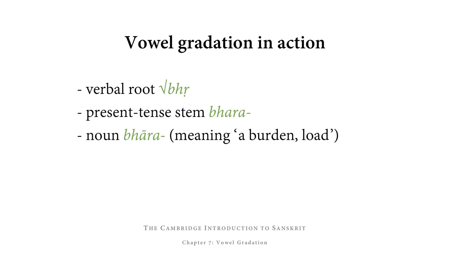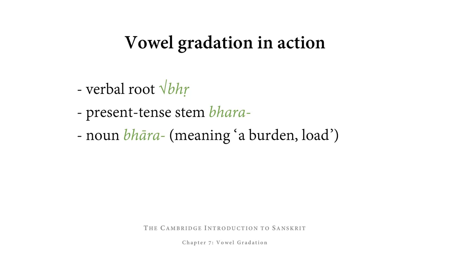So let's see what this vowel gradation looks like. For example, in Sanskrit, the idea of carrying is expressed in a number of related word forms, such as the verbal root bhṛ, the corresponding present tense stem bhara, so for example in bharasi, you carry, bharati, he, she, it carries, and so on, or also in nouns such as bhāra, which means a burden or a load, i.e. something that is carried.